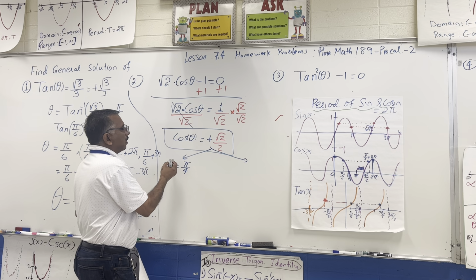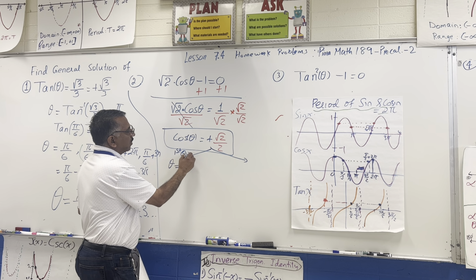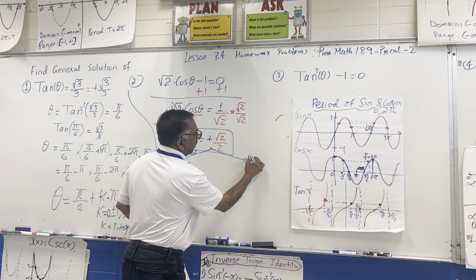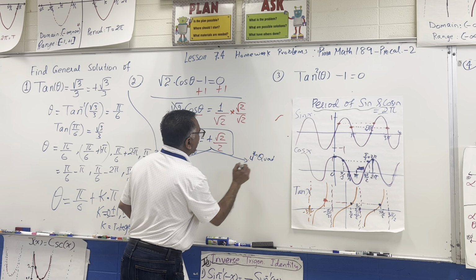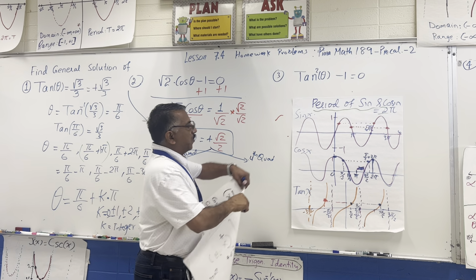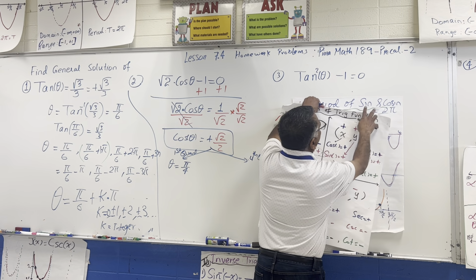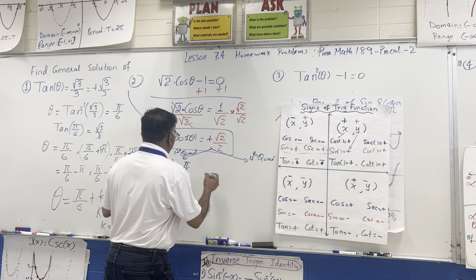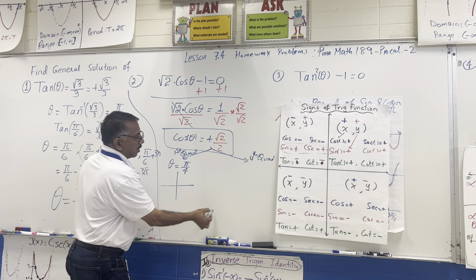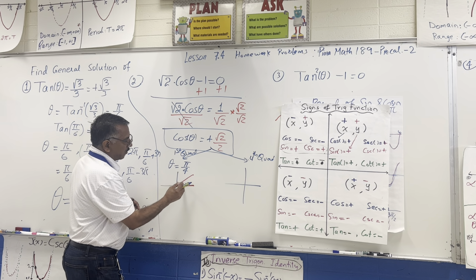This is in the first quadrant where cosine is positive, and this is the fourth quadrant. So how do I go to the fourth quadrant here? This angle is pi by 4.